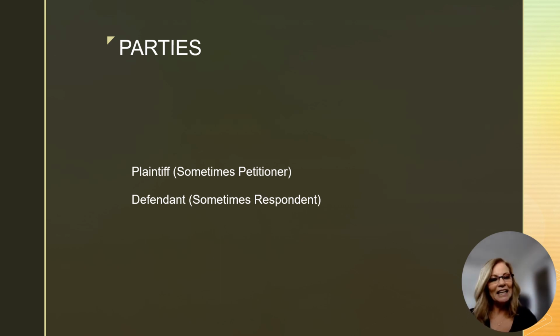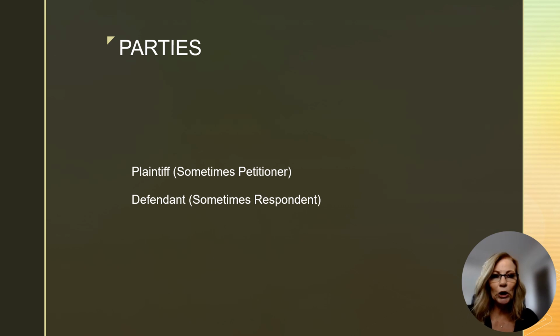I don't like saying defending because in criminal law, a defendant really does not have to defend themselves. The law says they're presumed innocent. So a defendant sometimes becomes a little hard to say defending themselves in that case. But these are the parties. We call them plaintiff, we call them defendant, but sometimes you may say petitioner or respondent, okay?